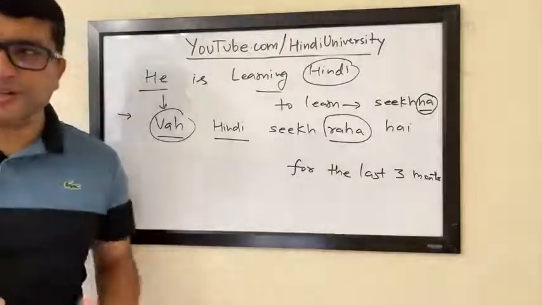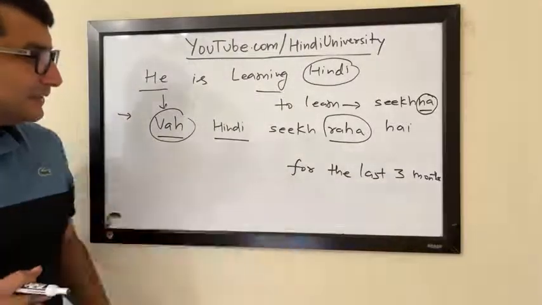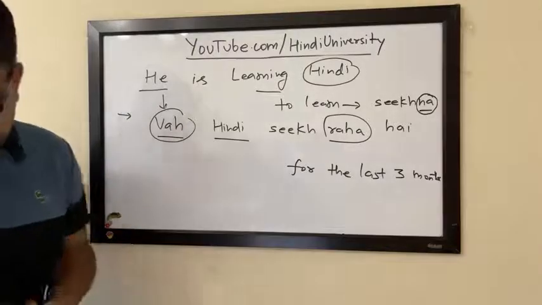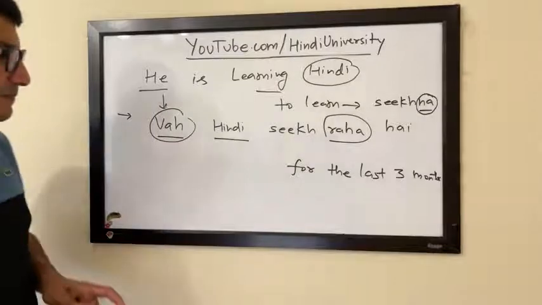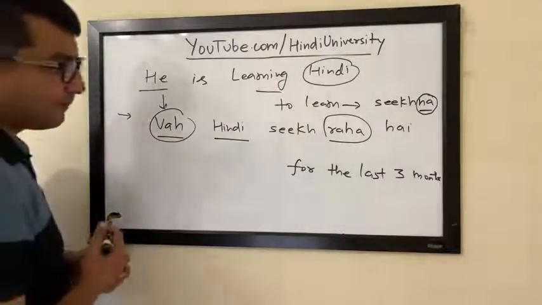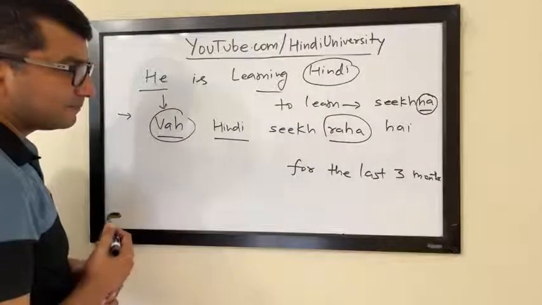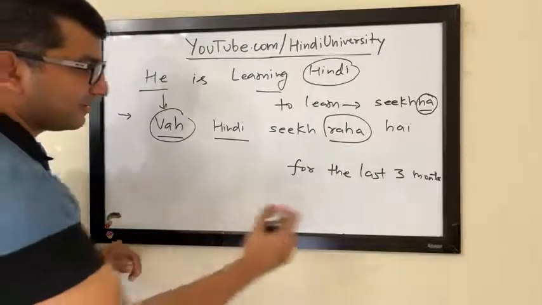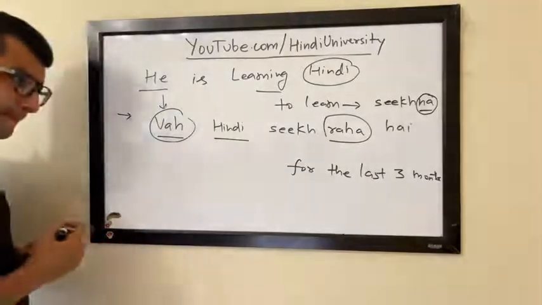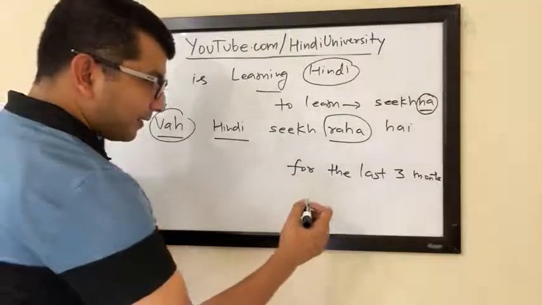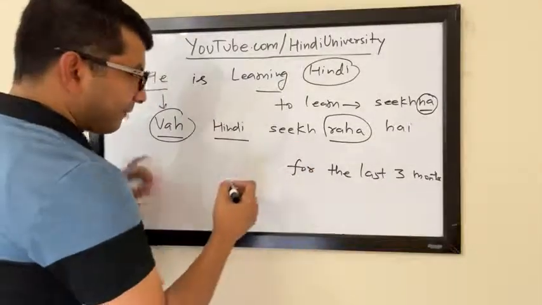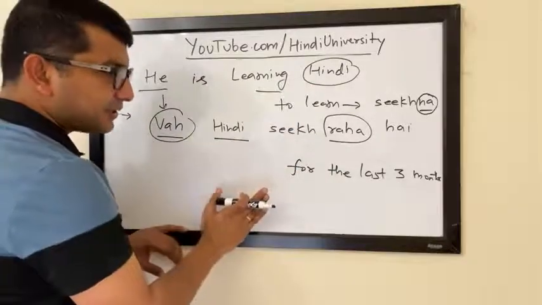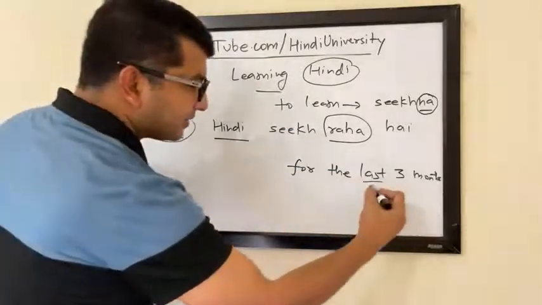How will we modify the sentence? वह हिंदी... वह अगले 3 महीने से हिंदी सीखते हुए. So far, keep it simple. We're still in present continuous tense. Okay, last 3 months.